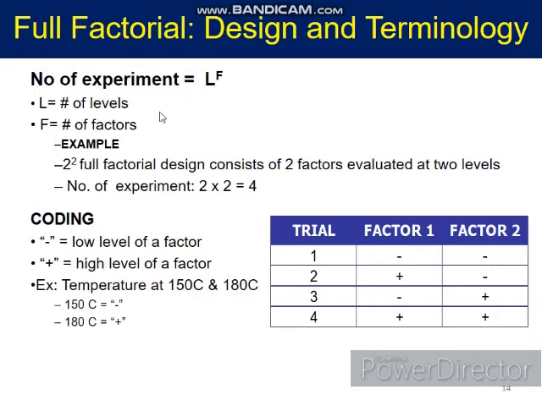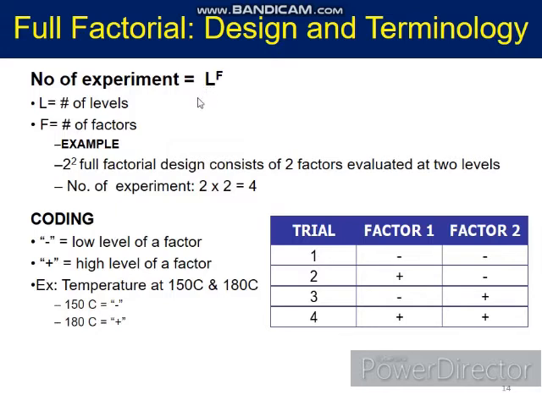For example, in the baking bread example we had just now, if you have two factors, then F is 2, and L is the level for each of the factors.